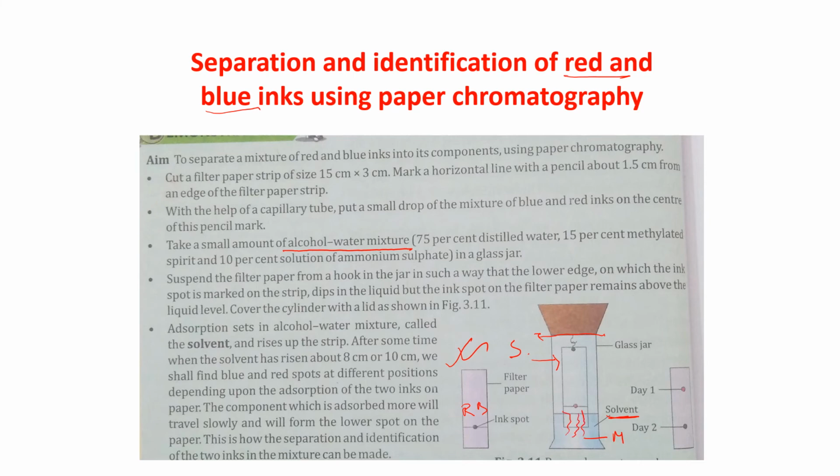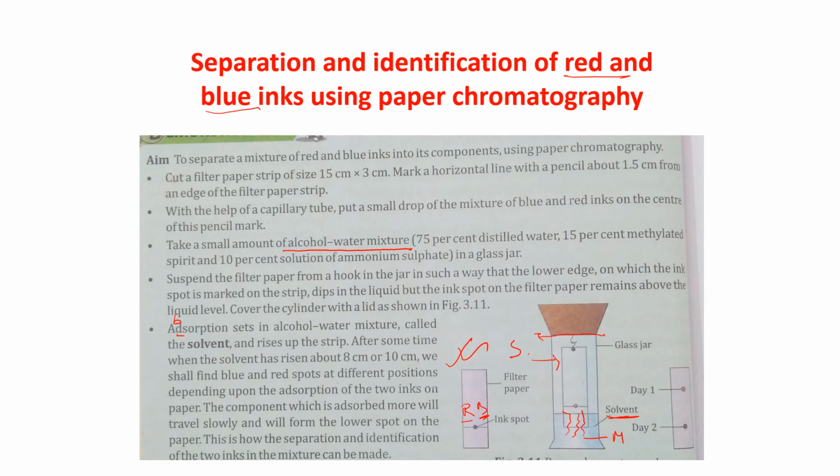As it goes from here, it will dissolve red and blue color. It will absorb red and blue color, but to a different extent. The absorption of the two colors in the ink will be different.